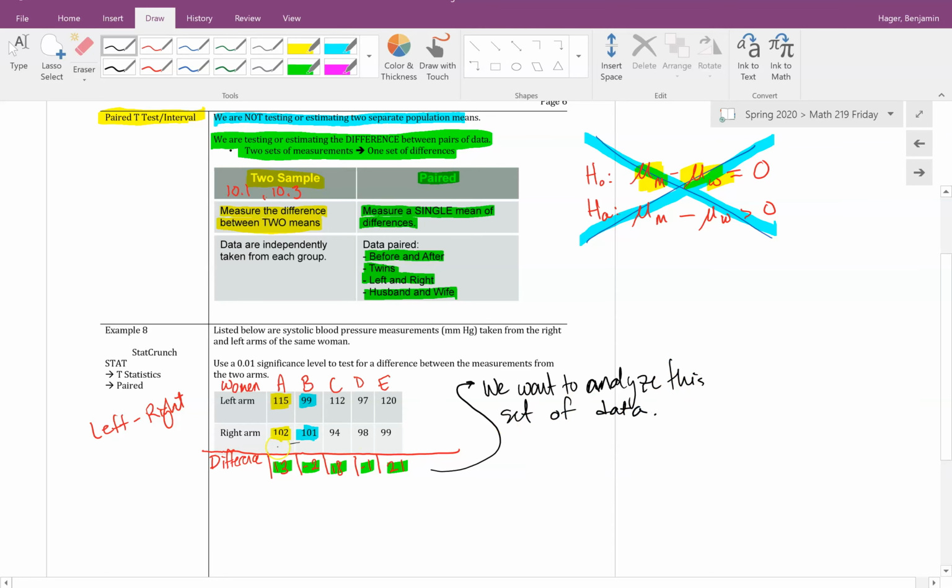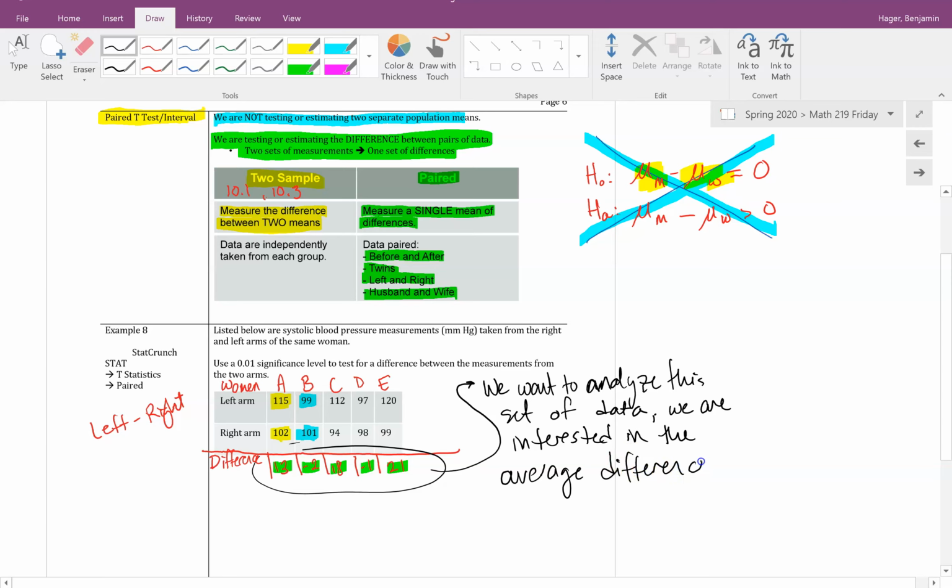And I'm basically looking at the average of the differences. Let's call it mu sub d for difference.